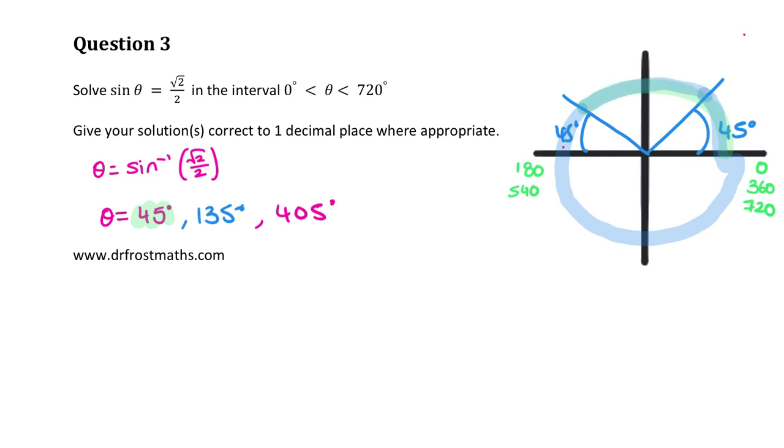Do I intersect again? Here. What is this? It's 540 minus 45, which is 495 degrees. I carry on going round until I get to 720 and I stop because that is the end of my interval. So I have 4 solutions here.